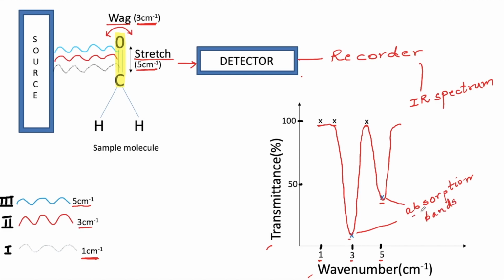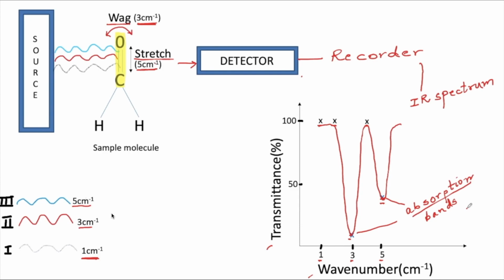The word absorption is used because corresponding to these two wave numbers, or these two points, absorption is shown by the molecule. So that's why we call them absorption bands, or upside down peaks. And wherever the absorption takes place, a dip will be noticed in the curve.